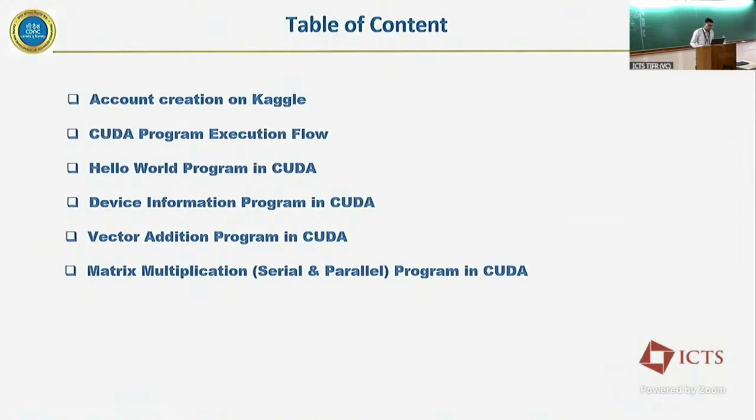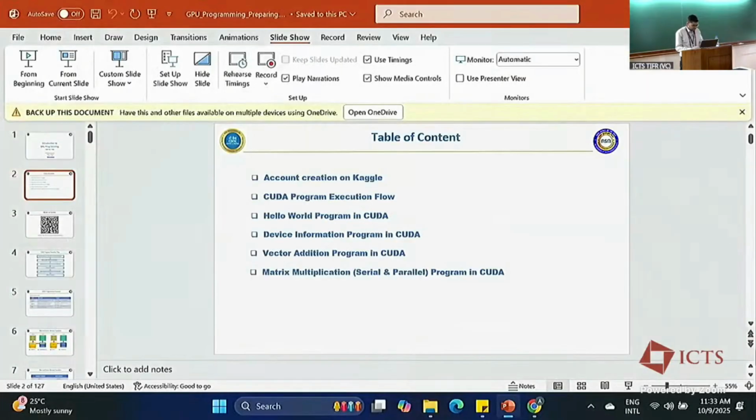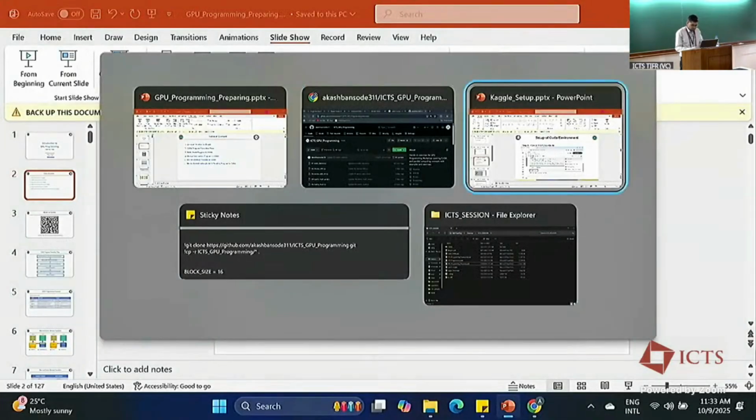Then we will move on to the device information program in CUDA. Then we'll see vector addition, how we can do it using CUDA. And then at the end, we will see how we can do matrix multiplication, both the serial and the parallel programs in CUDA. By using the matrix multiplication, you can understand how the performance is improved by using CUDA, right? So before that, I'll just share one screen.